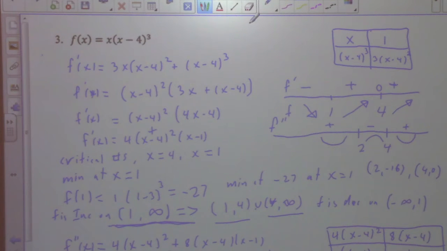And how do I know f of 0 is negative 64? Because if I plug in 0, I know I'm going to have negative 4 cubed, so I know this could be a starting point.